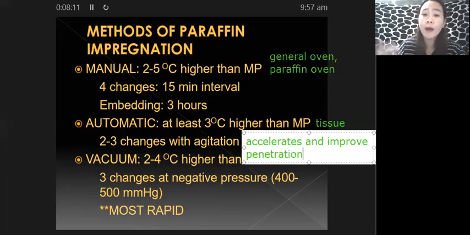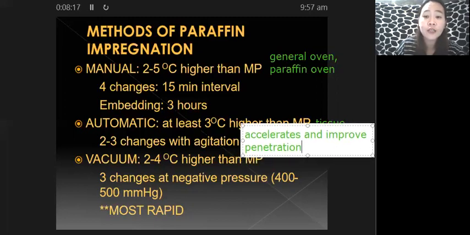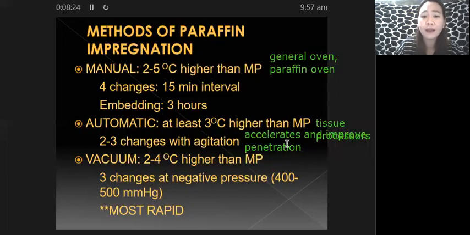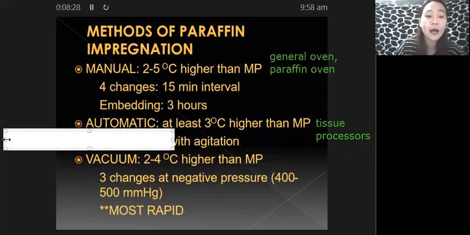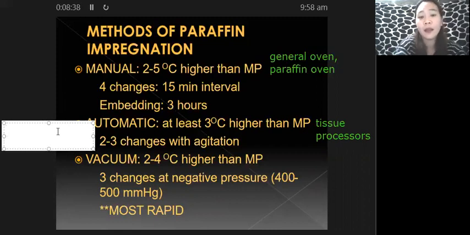If your solution or your tissue sample is agitated, this will also facilitate the movement, the faster movement of your molecules, thereby accelerating and improving the penetration of your paraffin wax.